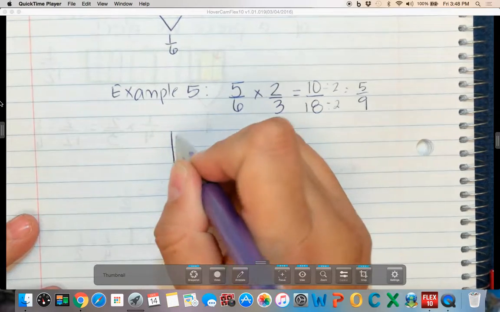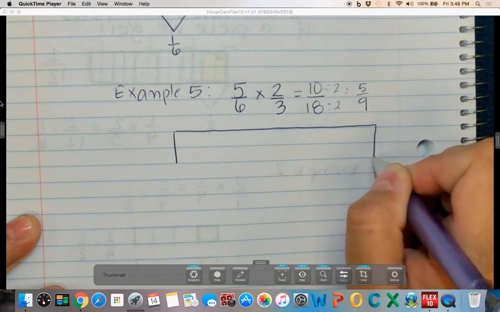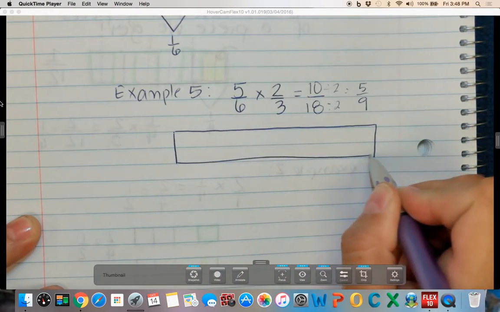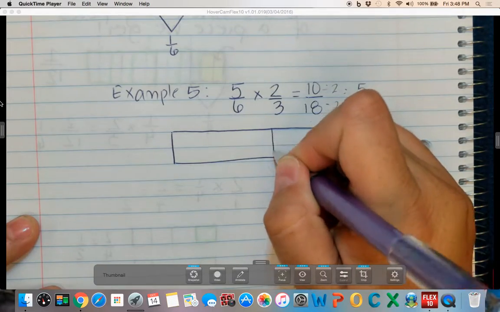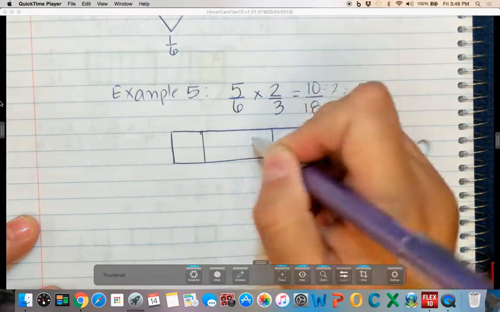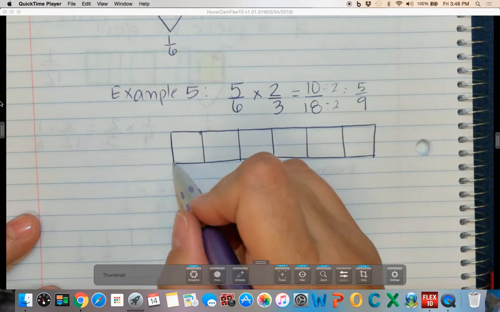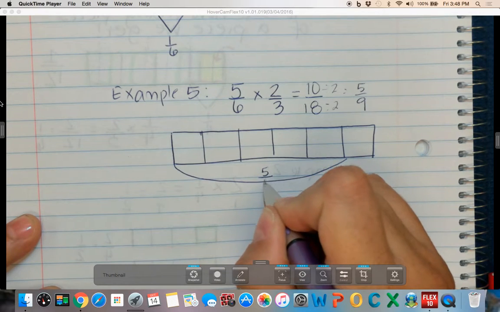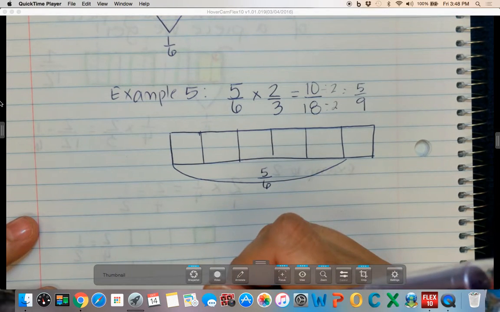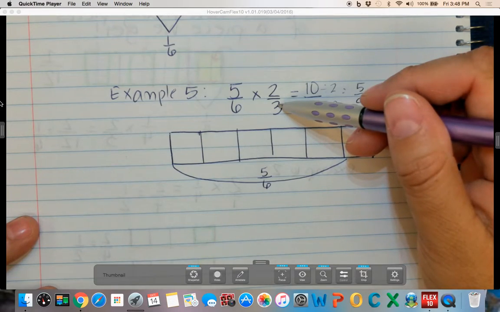Again with my model. I'm going to make sixths. And I'm going to focus on 5 of those 6. And I want pieces of 3.